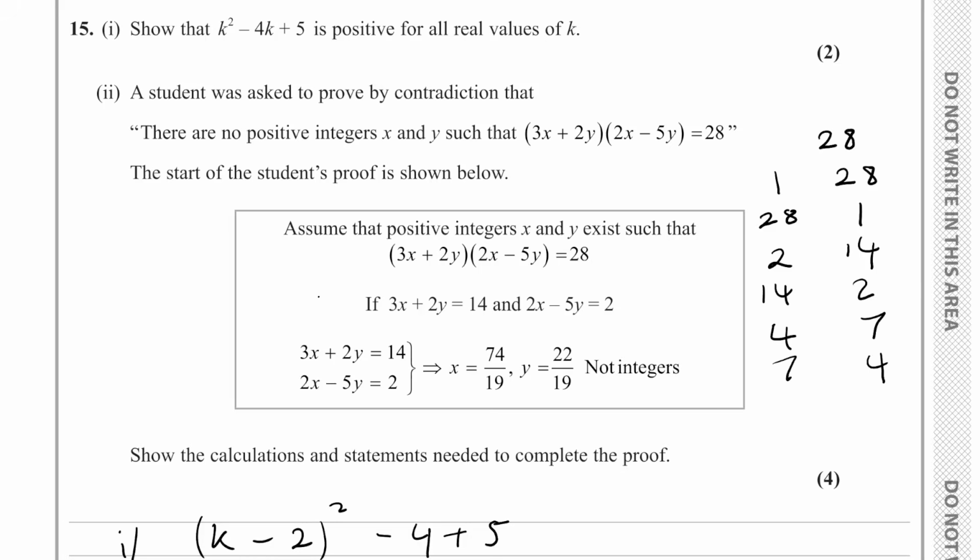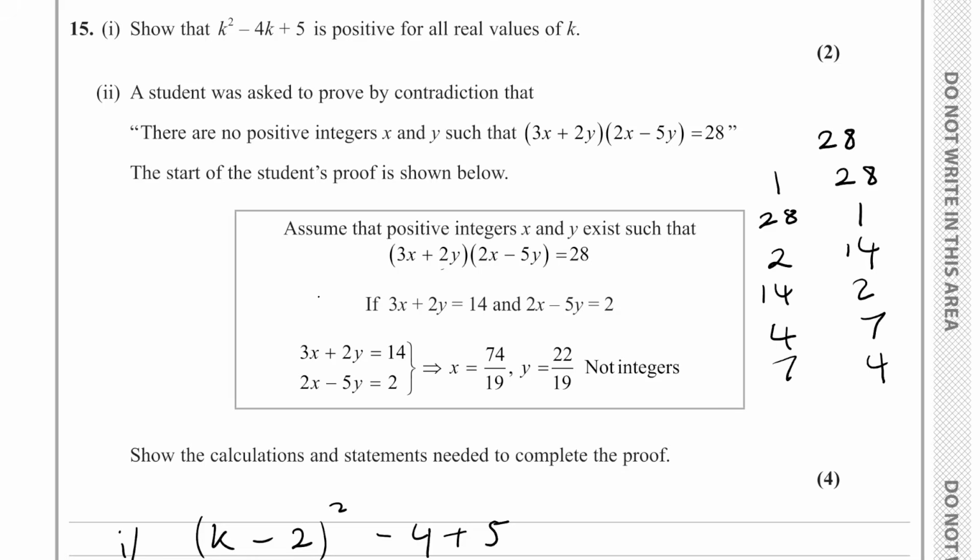But because we're assuming x and y are positive integers, that means 3 times a positive plus 2 times a positive whole number is going to have to be at least 5.